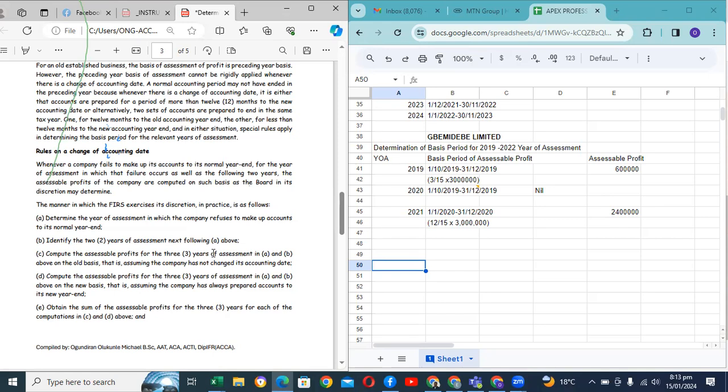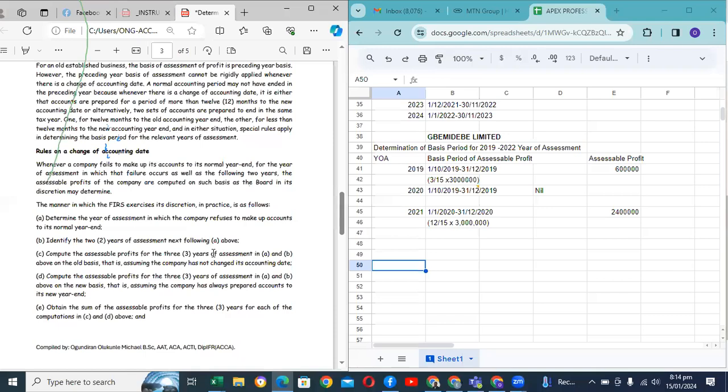The first rule is you must determine the year of change, which is the year in which the company refuses to make up its account to the usual accounting year end. Number 2 is that you identify 2 years after the year of change. So including the year of change, it becomes how many years? 3 years. Right?